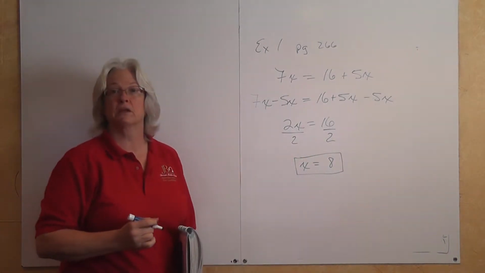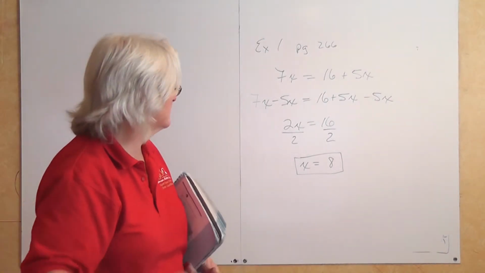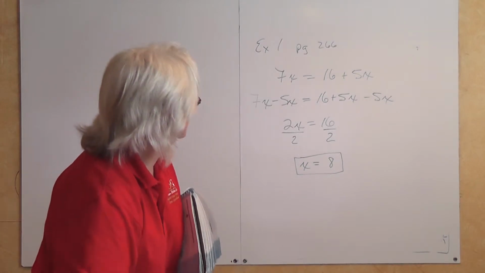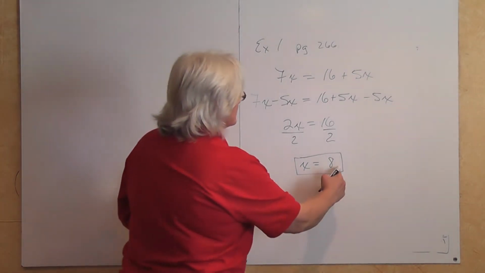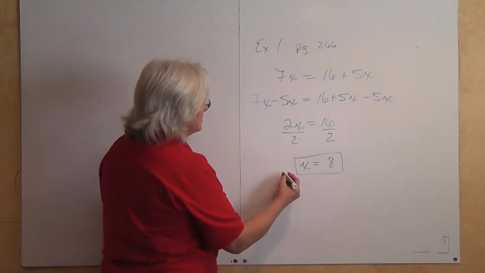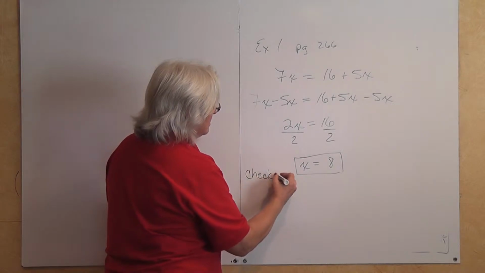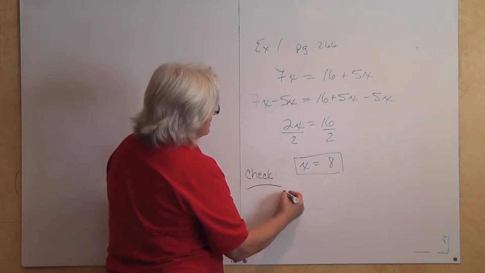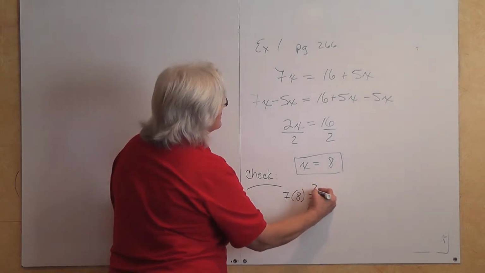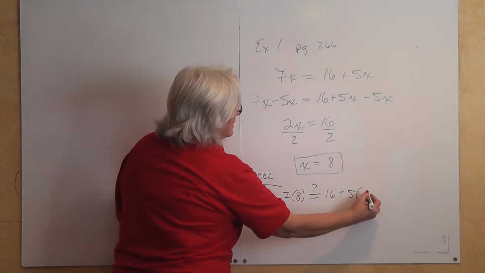is 8. Now we have to check and make sure that we end up with a true solution. How do we do that? Yep, you just take our answer, substitute it for the variable in our initial equation. So we're going to say check 7 times 8, is that equal to 16 plus 5 times 8?